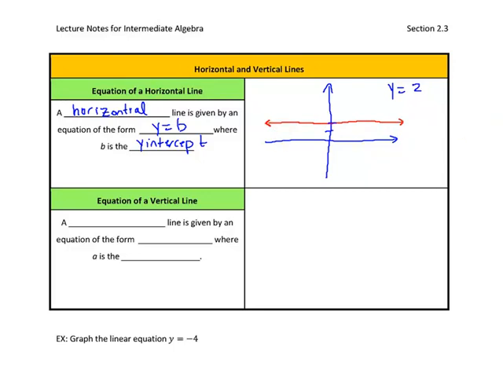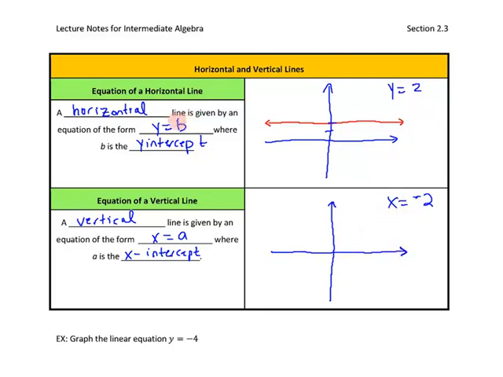A vertical line, one that has no slope, has the form x is equal to a. It's all the points where the x-coordinate is a. A is called the x-intercept in this case. So if x was equal to, say, -2, then since it's x equals a number, it is a vertical line.